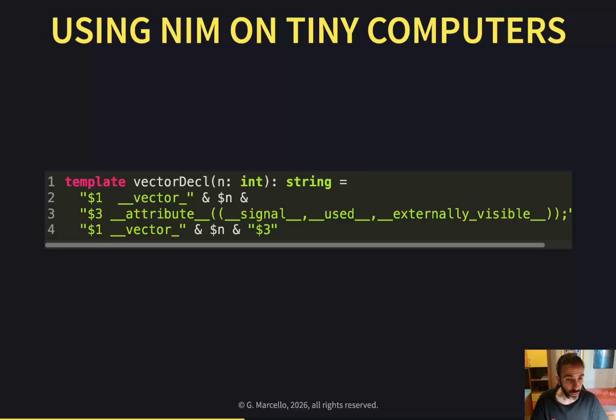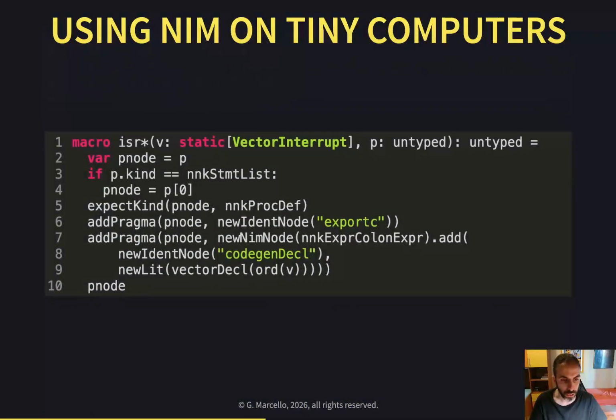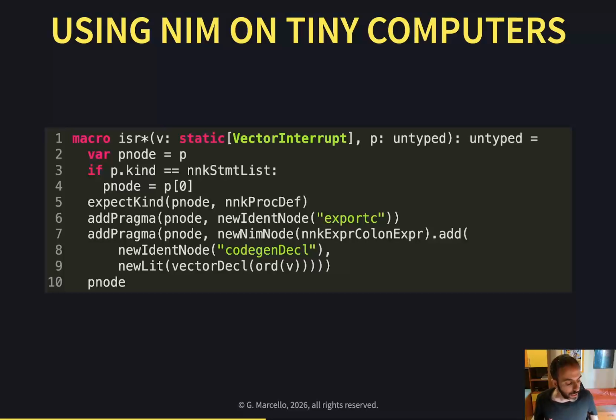So they're really interesting. This is a snippet that I took from AVR.io that lets me generate a C signature for wrapping procedures in Nim and making them work as interrupt service routines. And I use this within a macro, which I'll show you here. Macros in Nim are the most powerful thing that Nim at least offers.